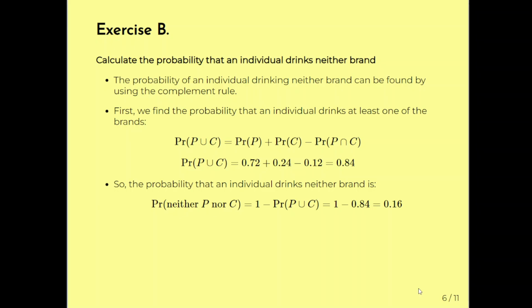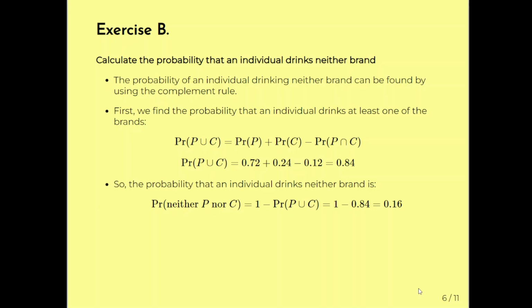The probability of P union C, which means one or the other or both, is the probability of P plus the probability of C minus the probability of P intersection C. So that is 0.72 plus 0.24 minus 0.12, and that is 0.84. So we have 84% of our respondents drinking at least one of these two brands. That means the probability of an individual drinking neither of these brands is the complement of that: 1 minus 0.84, which is 0.16.